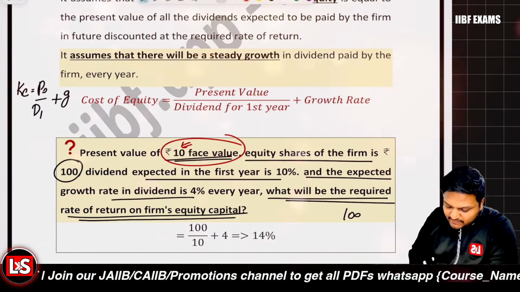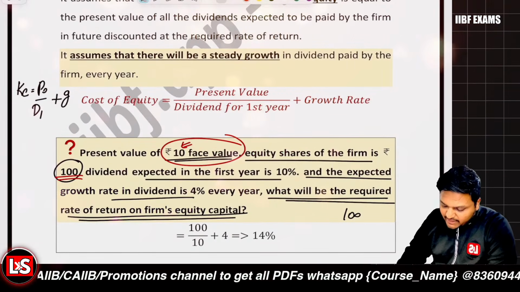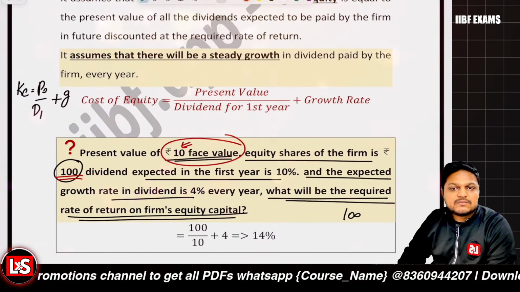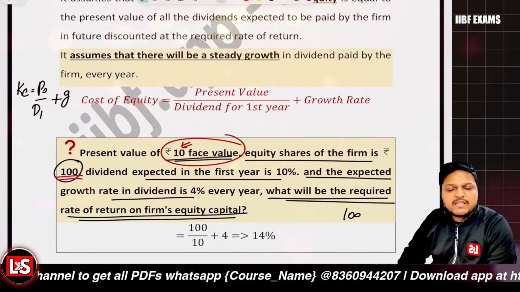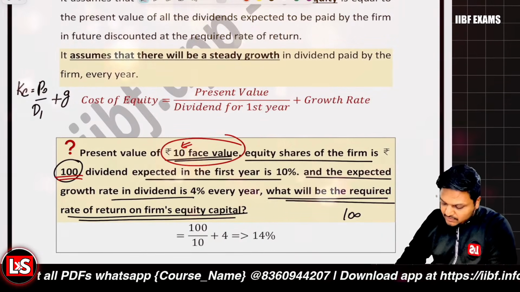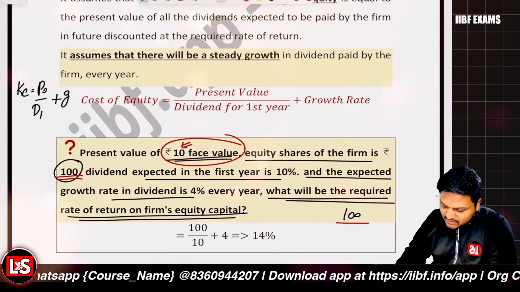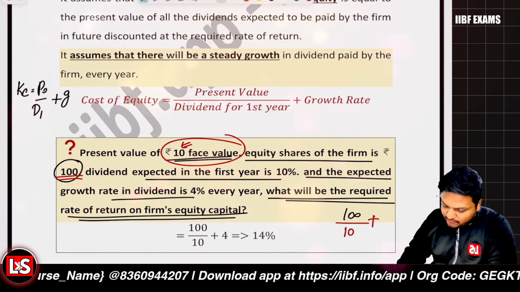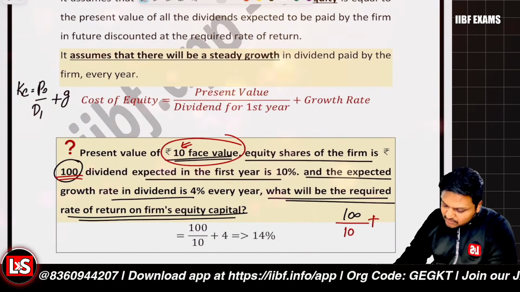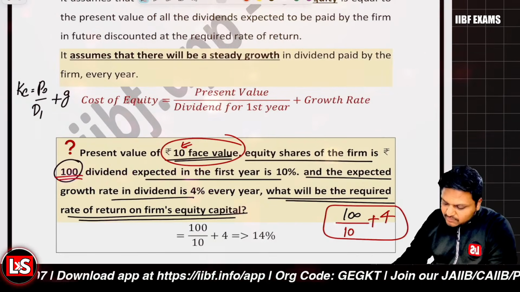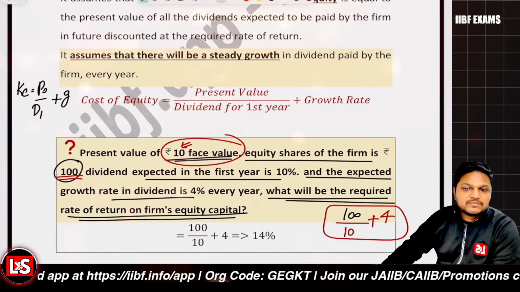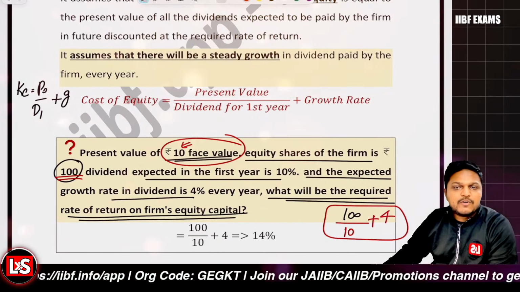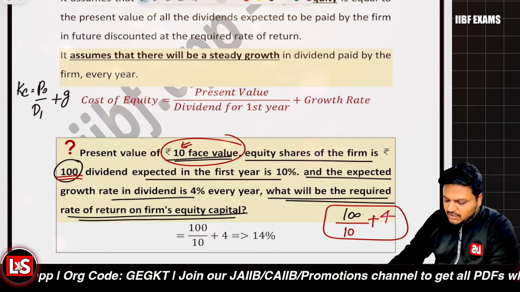We have to consider the present value, which is 100. Dividend is 10%, plus 4% growth rate. So this will be the answer: it will be 14%.